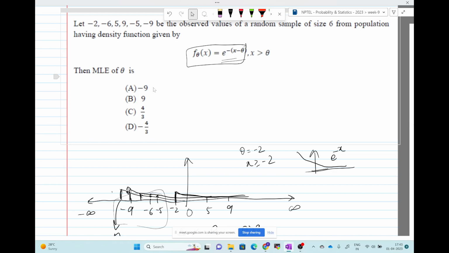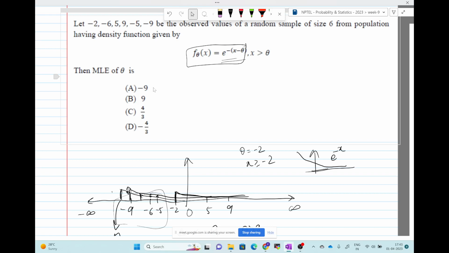I want to say that if I follow the methodological way, first the L comes, then the dL, and you have to verify whether it is a global maximum point or not.